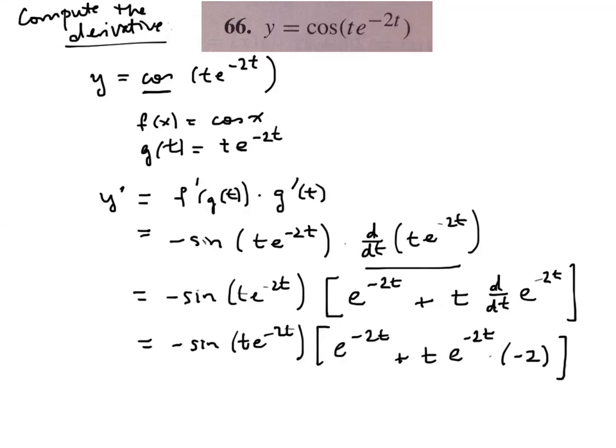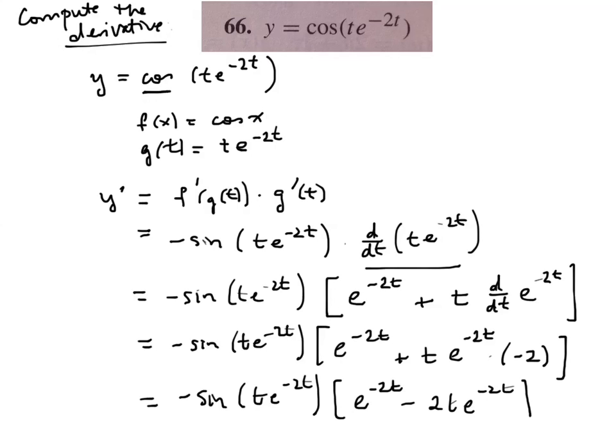All right, and I want to rewrite this so it doesn't look confusing, like maybe I'm subtracting 2. Just remove that ambiguity. So we get negative sine of t e to the negative 2t, and then times e to the negative 2t minus 2t e to the negative 2t. That's our derivative.